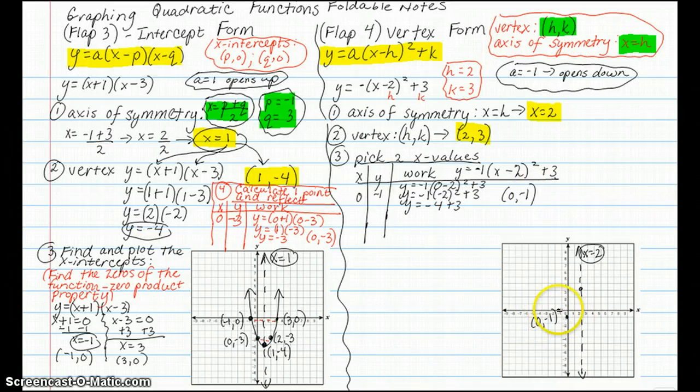And as always, that fourth step will be to reflect the 2 points in 3. And you have 0, negative 1, reflecting it, 1, 2 from on the left side of the axis of symmetry, go 2 to the right side of the axis of symmetry, which gives you the point 4, negative 1.